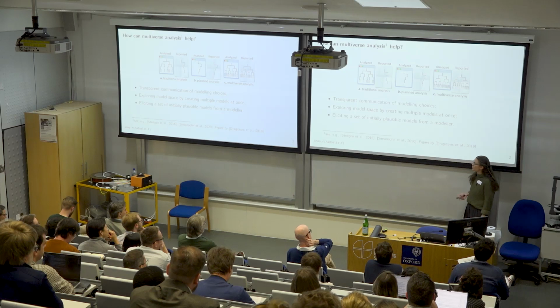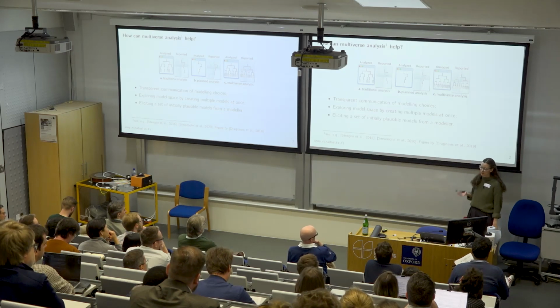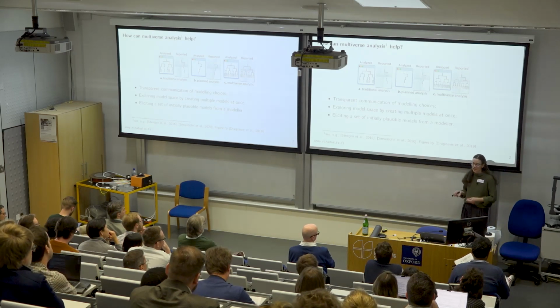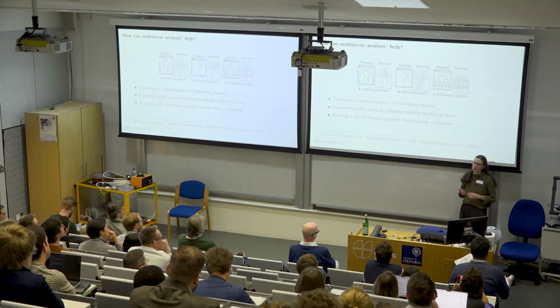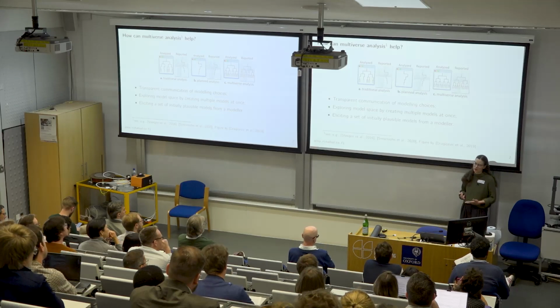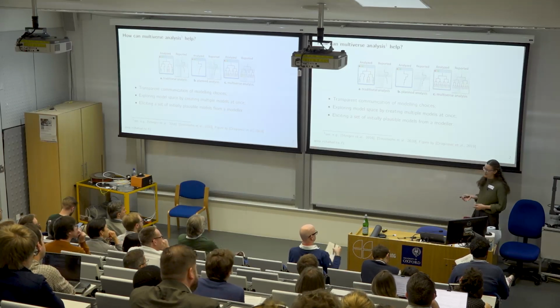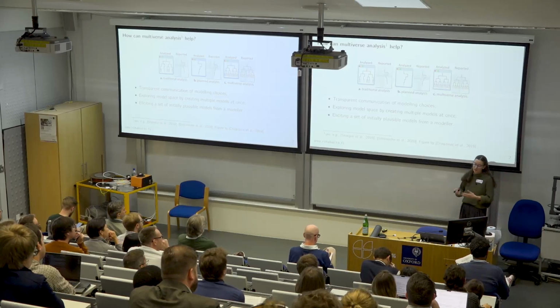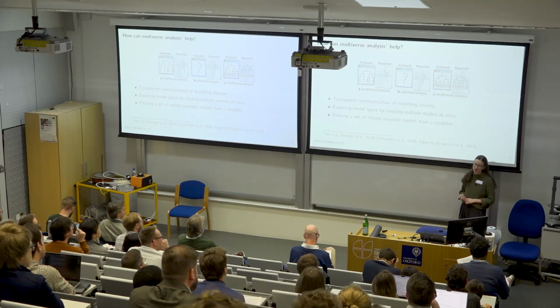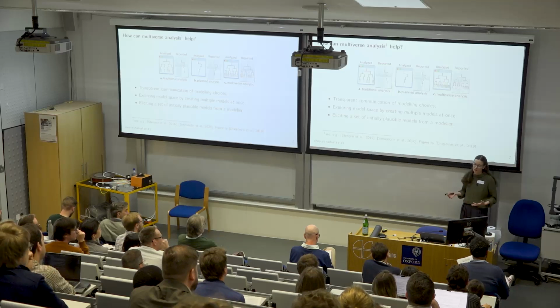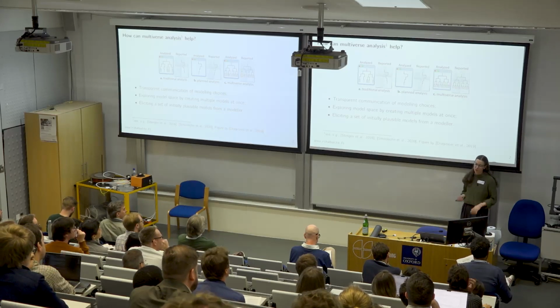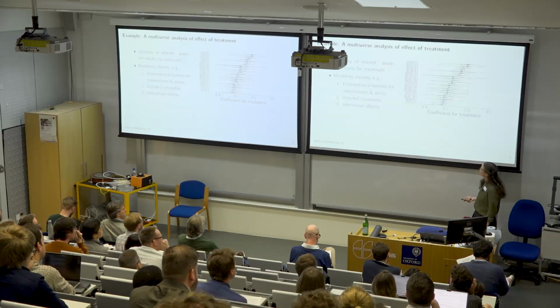And a third point is that we can actually, with multiverse analysis, elicit a set of plausible models from a modeler, because we usually in applications don't have access to the full space of models. So multiverse analysis is in a way an informal prior that we elicit from the modeler about which models are a priori possible and plausible candidates.